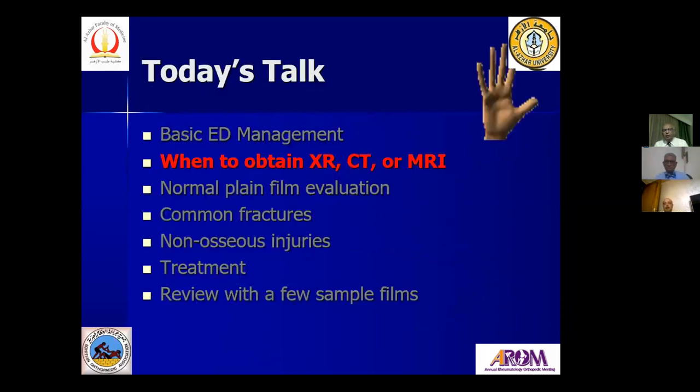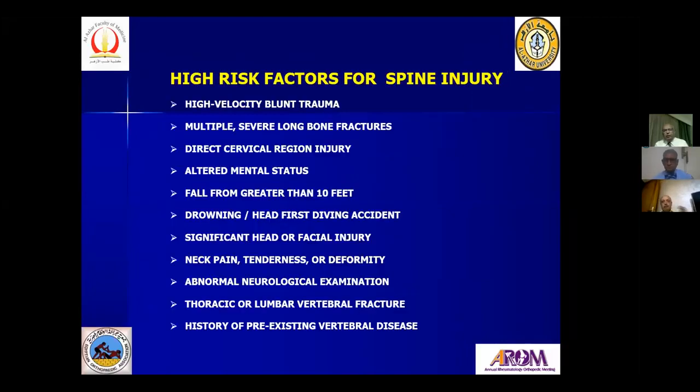When to obtain X-ray, CT, or MRI: the high risk factors for spine injuries are high velocity blunt trauma, multiple or severe long bone fractures, direct cervical regional injury, altered mental status, and falls from greater than 10 feet, among other examples.